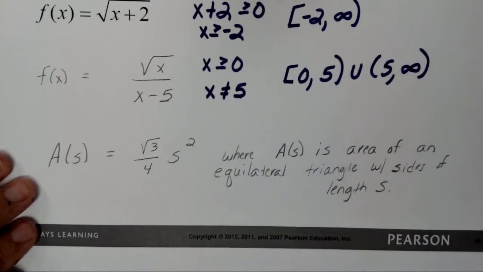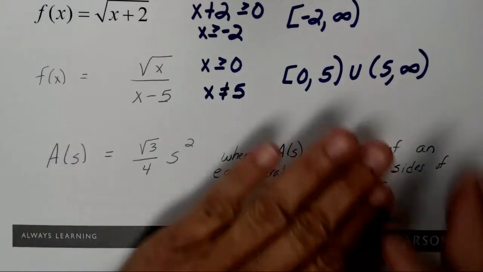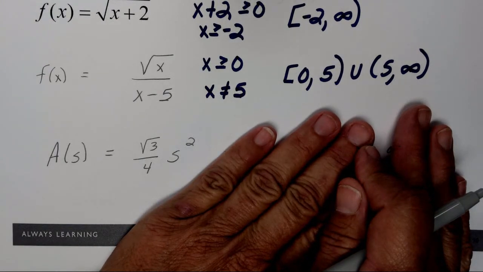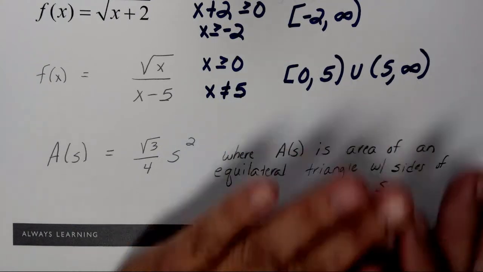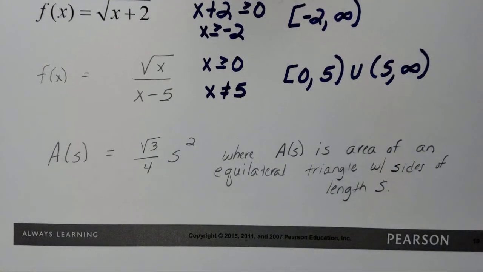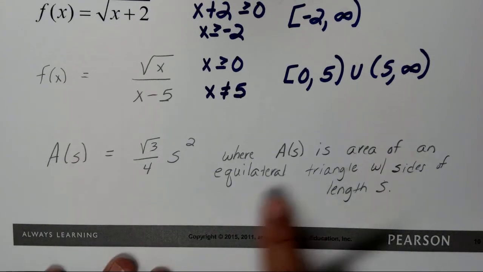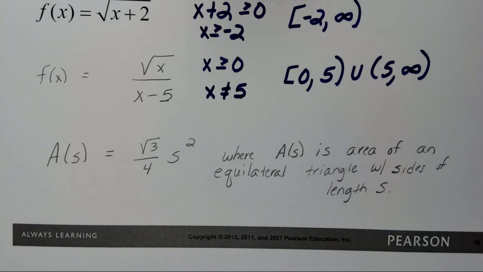All right, here, if I remove all of this, that is a what? Something, something, s squared is a parabola, quadratic, with a domain of all real numbers. But when I cover that, then I just go from an implied domain to a relevant domain, okay? Because I'm saying S has to be the side of a triangle.